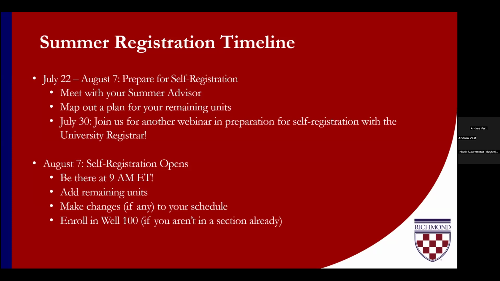Again, our 0 credit bearing first year wellness requirement. If you'd like some additional guidance on how to prepare for self-registration, again, how to do this on Banner, we encourage you to join us on July 30th for our self-registration webinar, which will be led by our colleagues from the registrar's office.